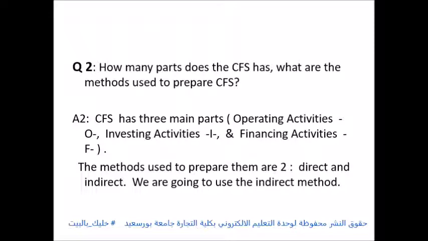And the abbreviation for each is as follows: operating activities O, investing I, financing F. We do have 2 methods, direct and indirect, but we usually use the indirect method in preparing the cash flow statement.